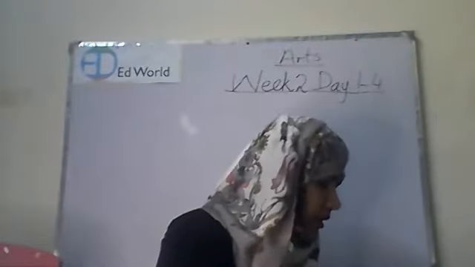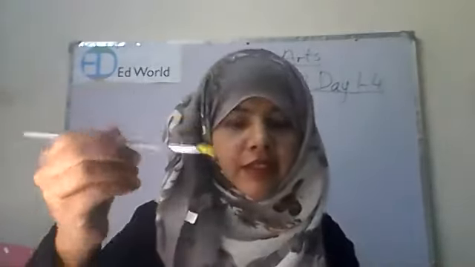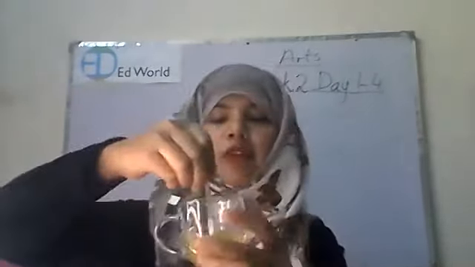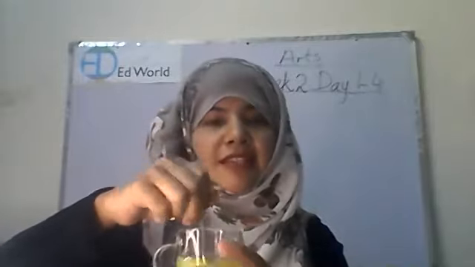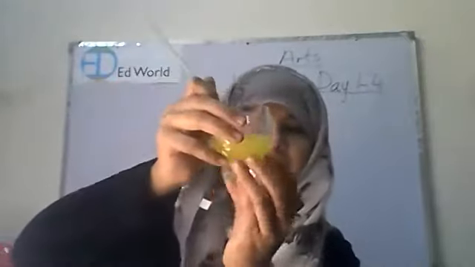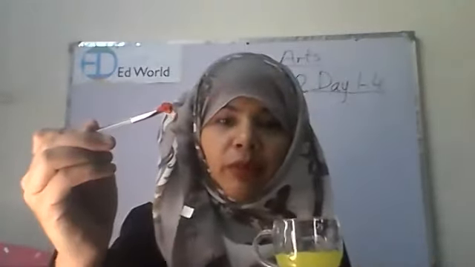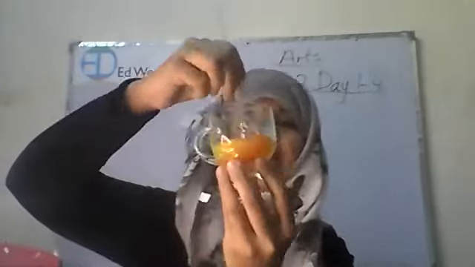I am taking an amount of yellow color. Same process I'm going to do. Yellow has been mixed. Yellow is mixed now. Going to add red. Took a small amount of red and mixed it.